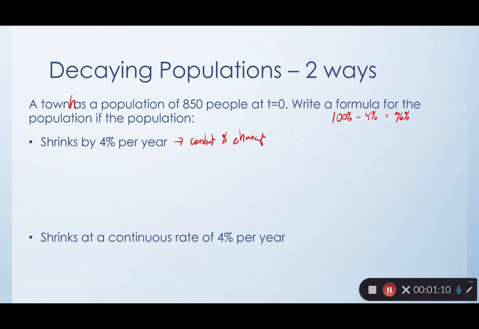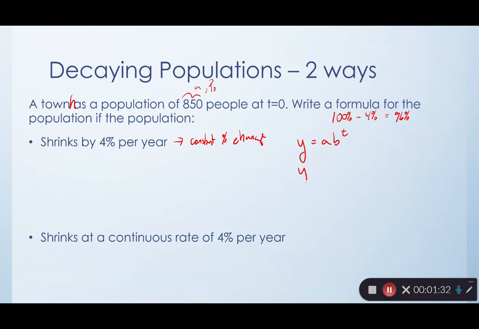And when we think about our A B to the T model, of course, A is our initial condition, so that's 850 people, right? This is our A or our P0. That B is how much remains from the previous year or the previous whatever the time increment is.